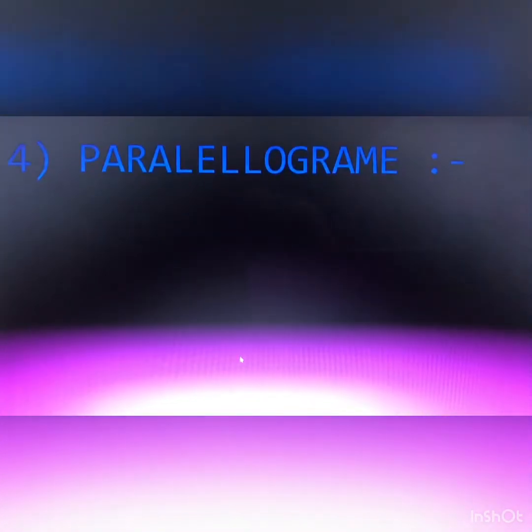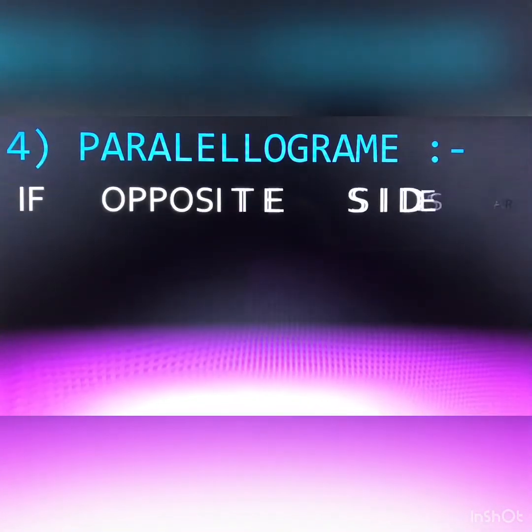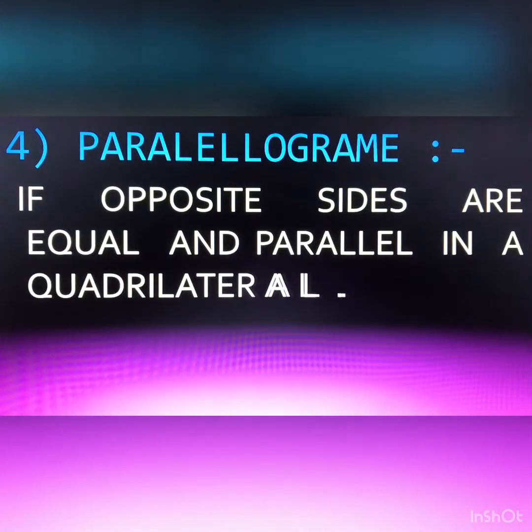Next one is parallelogram. What is a parallelogram? If opposite sides are equal and parallel in a quadrilateral, then that type of quadrilateral is known as a parallelogram. The properties of a parallelogram are that opposite angles are equal and diagonals bisect each other.